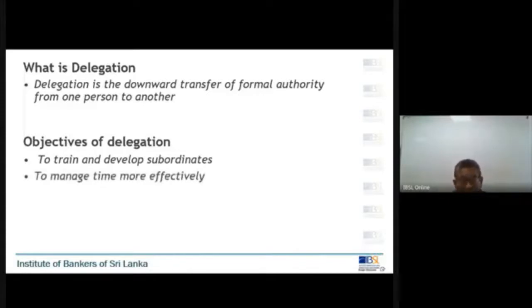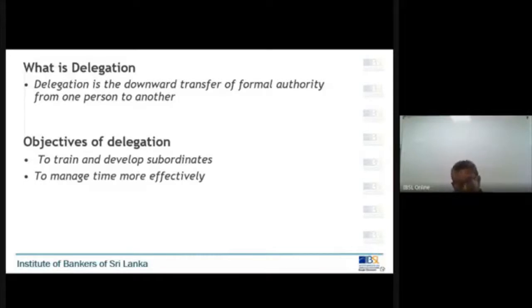The other objective of delegation is to manage time more effectively. Sometimes managers are willing to delegate certain activities to certain people, so that they can manage their time for other important areas. So one objective is to train and develop your subordinates.